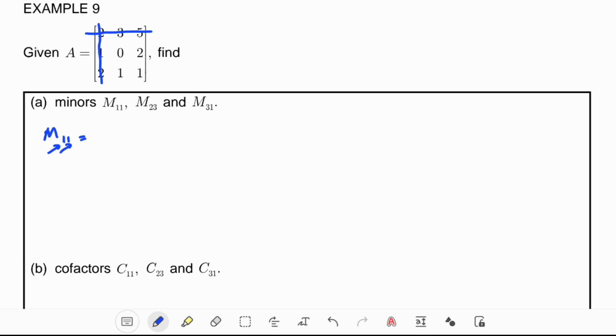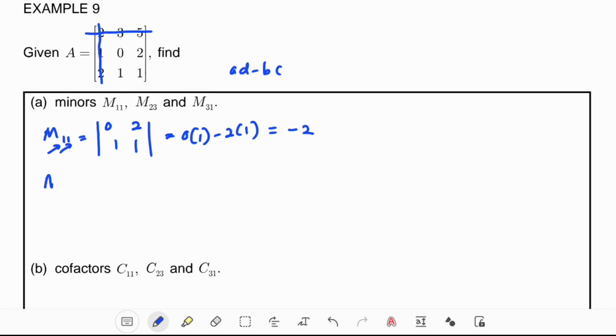Since the minor itself is a determinant, just put the determinant notation, the determinant of 0, 2, 1, 1. And then you just need to calculate using AD minus BC. So 0 times 1 minus 2 times 1 will give you negative 2.